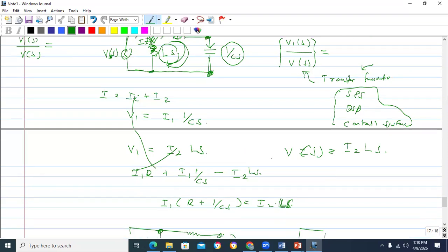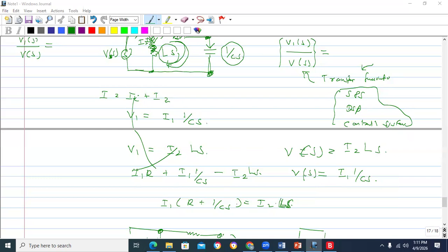Then V1 is equal to I1 times 1 over CS. Okay. Vs is equal to I2 LS. V1 is equal to I1 LS.